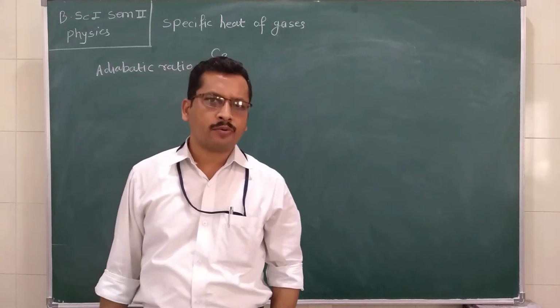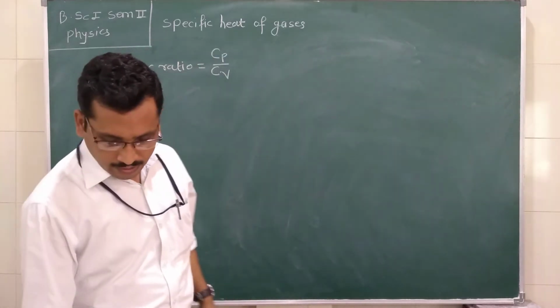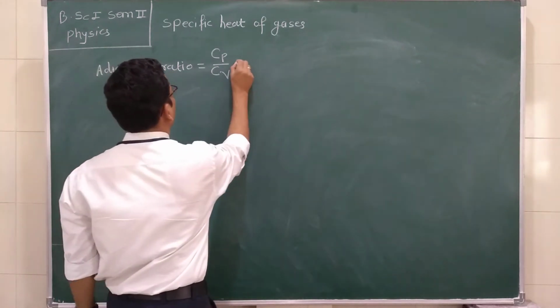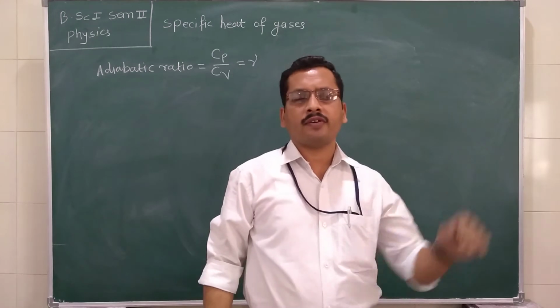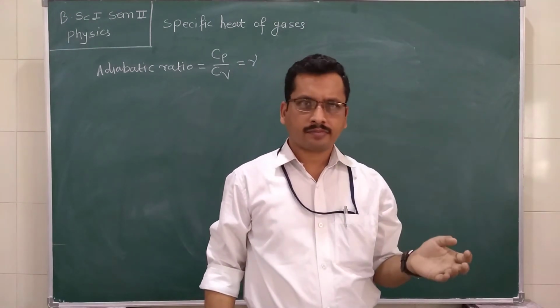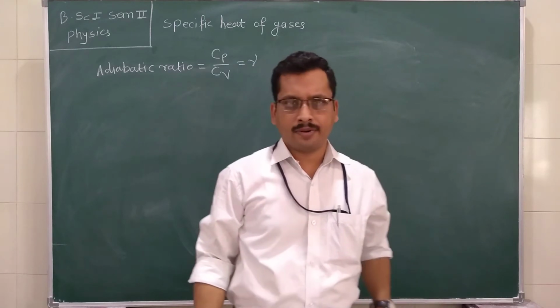Okay, so first of all, we see the relation between this adiabatic ratio. This adiabatic ratio is also denoted by the letter gamma. So we derive the relation between gamma and the number of degrees of freedom.